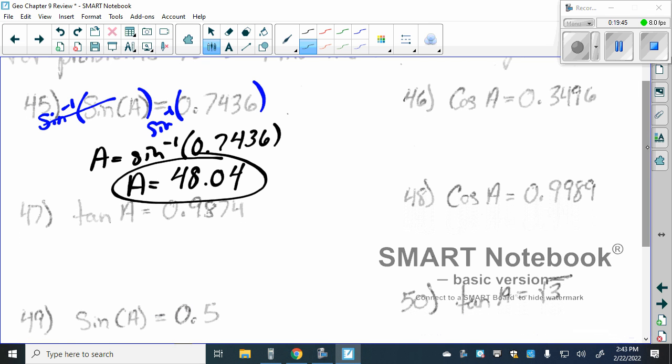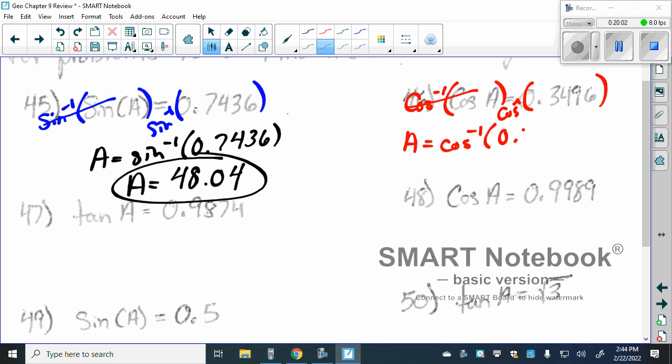Now for 46, which function would we be using? Cosine inverse. Cosine and cosine inverse would cancel, telling us A is equal to cosine inverse of 0.3496.